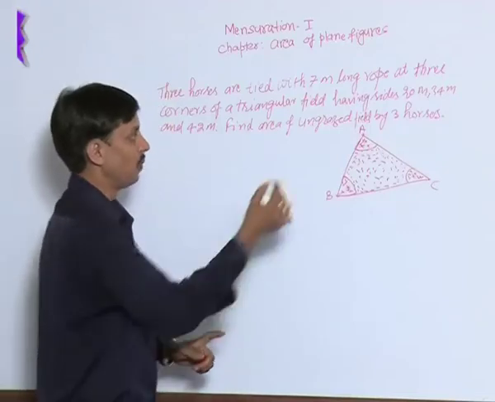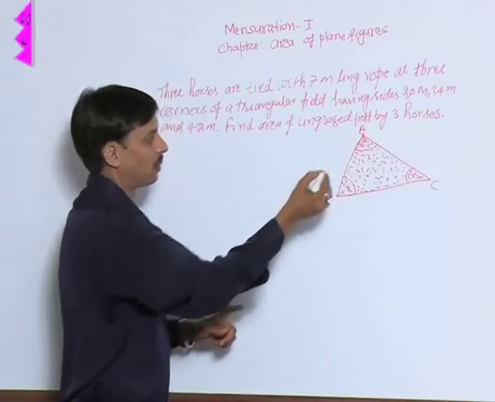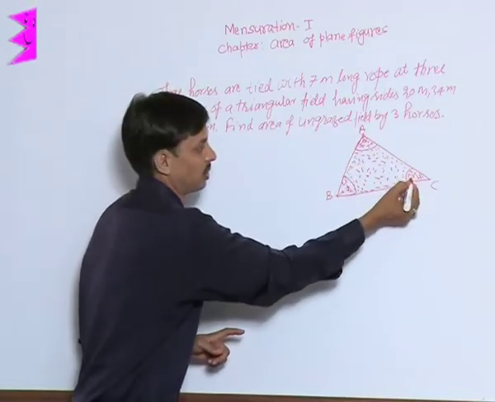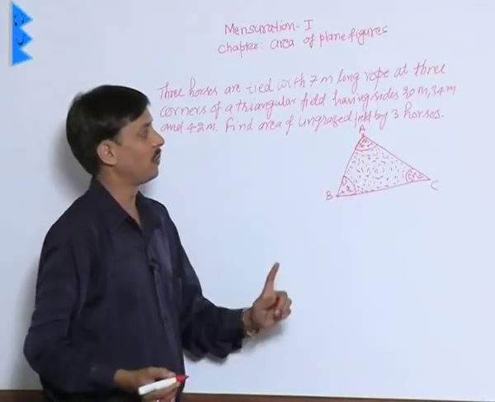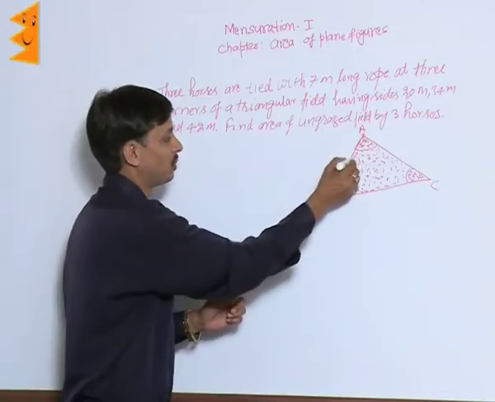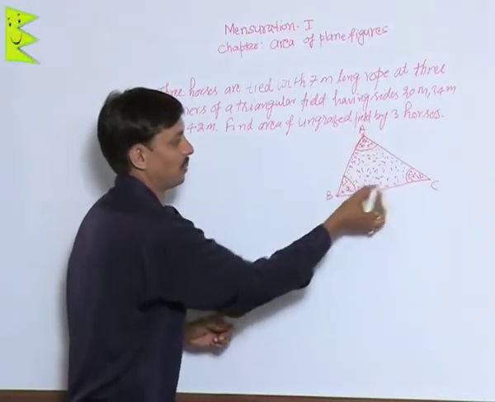Is that clear? Where I am putting the crosses, this is the part of the triangular field which is grazed by horses. And where I am putting only dots, it is the part which cannot be grazed by the horses. Question comes, how to find the area of this triangle?